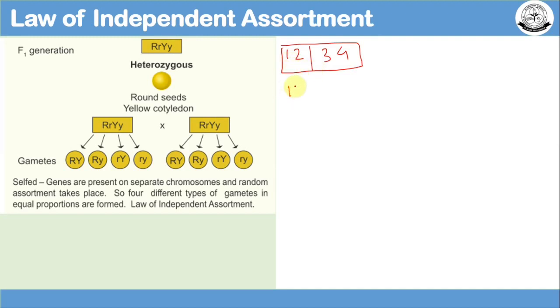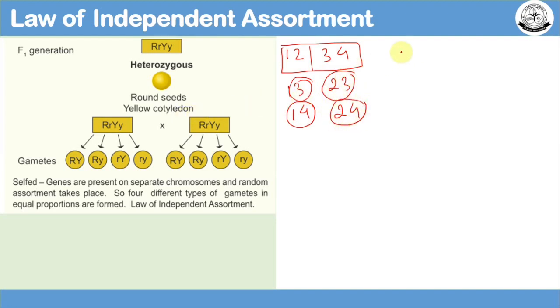Okay, so 1 3, then 1 4, and here 2 3 and 2 4. Combination 1, combination 2, combination 3, combination 4.